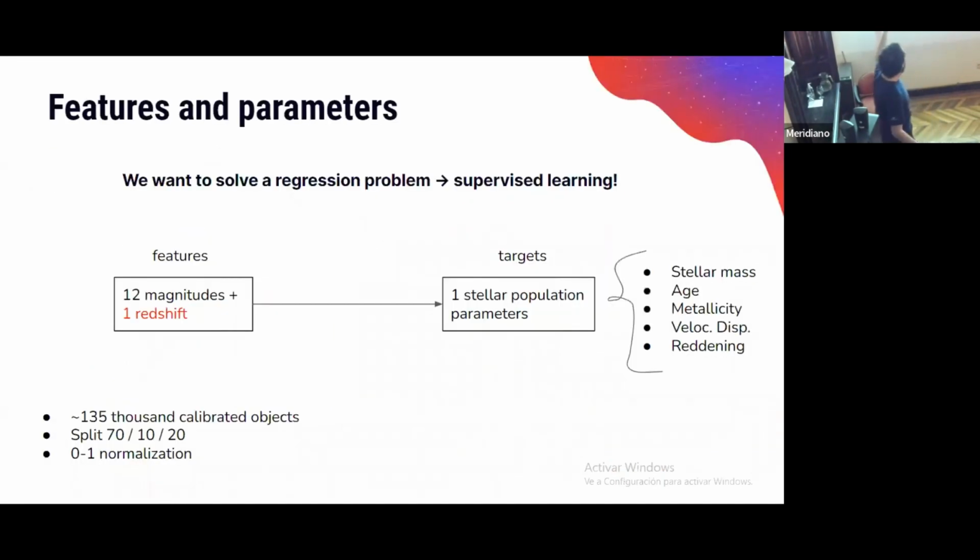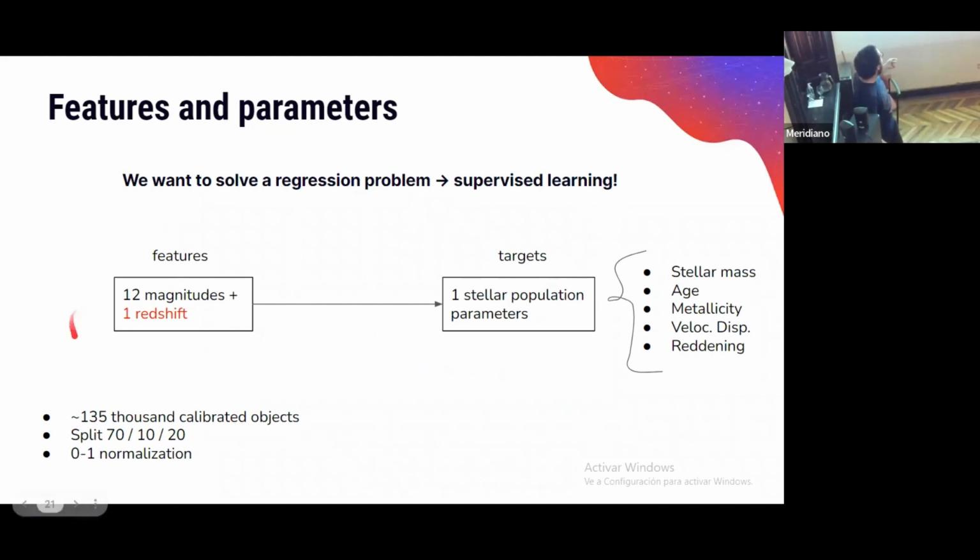We have 135,000 objects. Each one of them has the 12 magnitudes plus a value of redshift, and then we want to correlate to find a relationship with a stellar population parameter. So the stellar age, mass, metallicity, and all the ones that I described before. And usually when we have that, we apply something called supervised learning. So basically we have questions and the answers that we want to find.